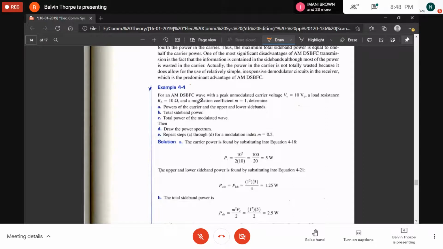determine the power of the carrier and the upper side bands. So in other words, what's the power of the AM wave? So we're going to have to find the power of the AM wave. We can do it using one simple equation, or we can do it going through all of what we just went through.